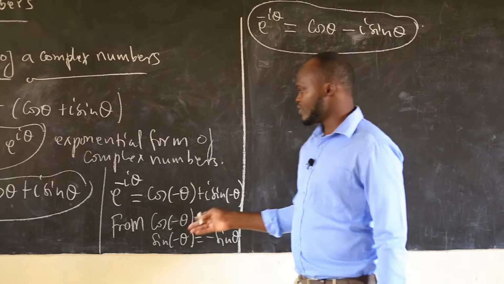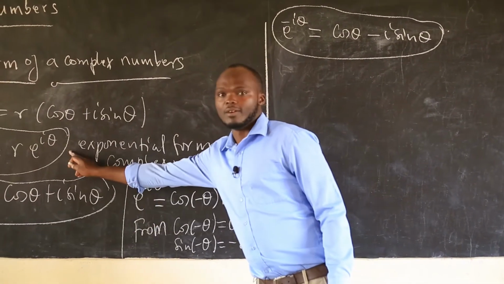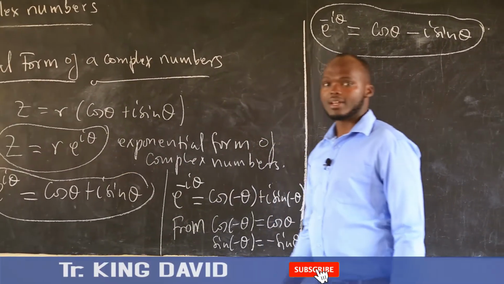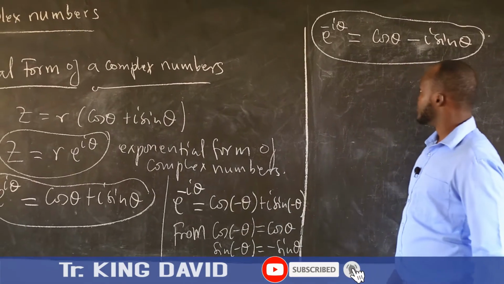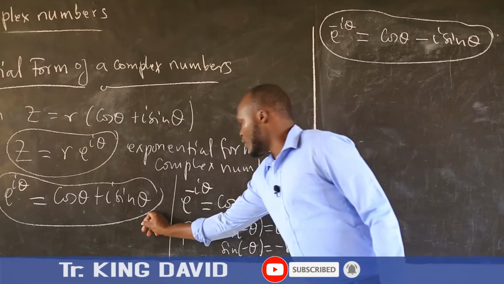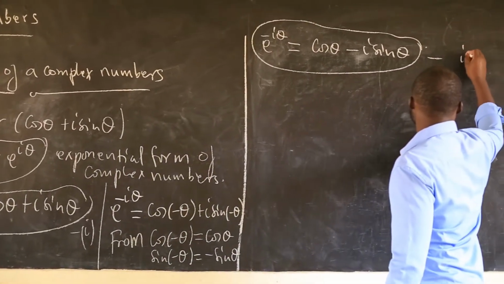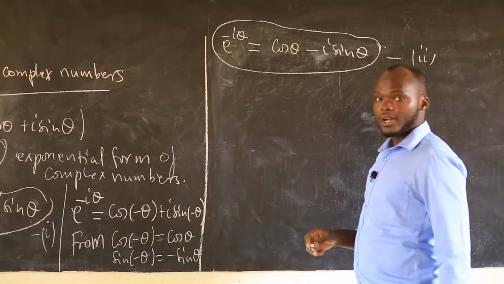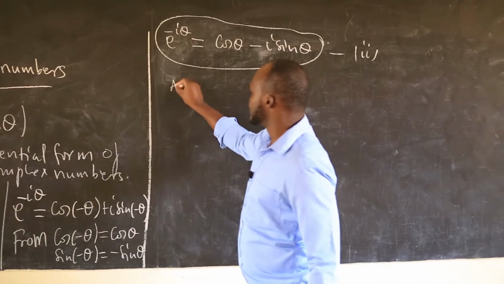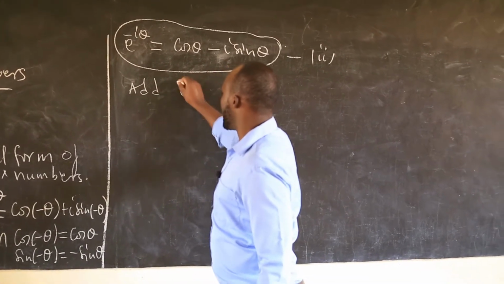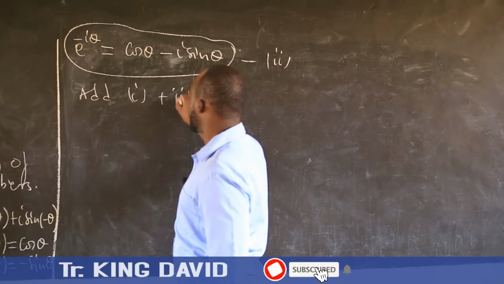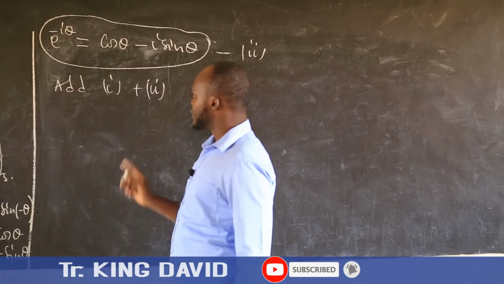But the formula for the exponential form of a complex number is z equals r e power i angle. So this is equation 1, and this is equation 2. Let us add equation 1 plus equation 2.